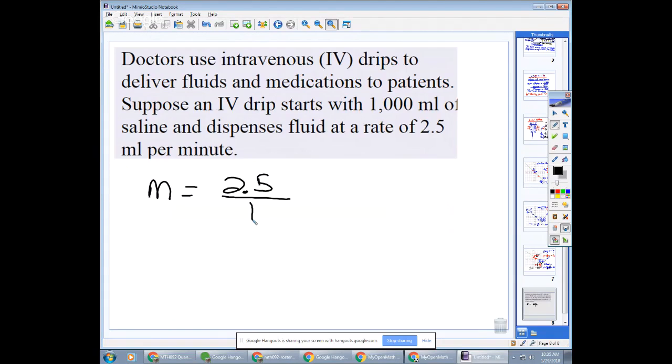And then for the numerator, is that milliliters or minutes? What do you think? What does per mean? Divide. So milliliters per minute means milliliters divided by minute. So this must be milliliters, and this must be minutes.